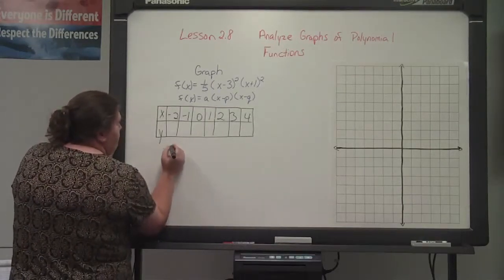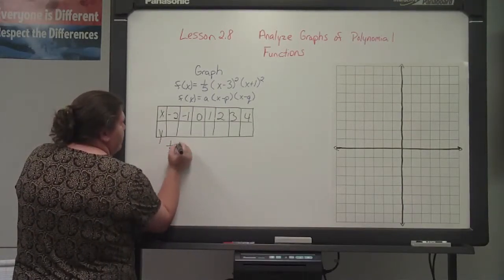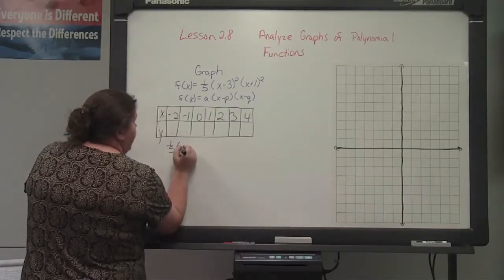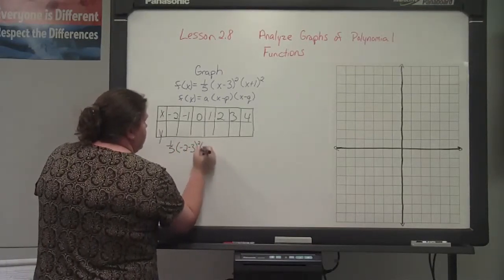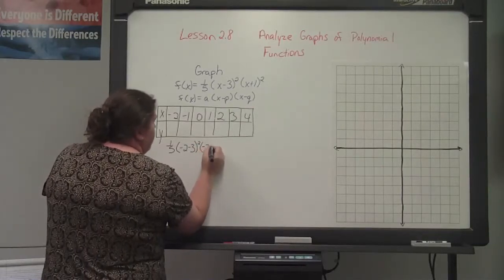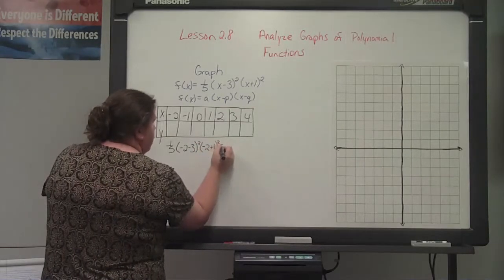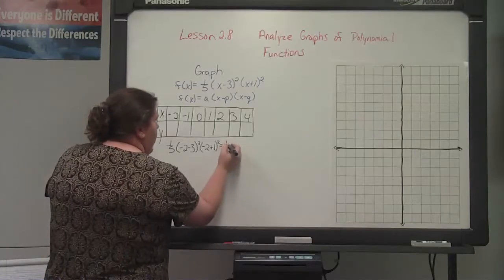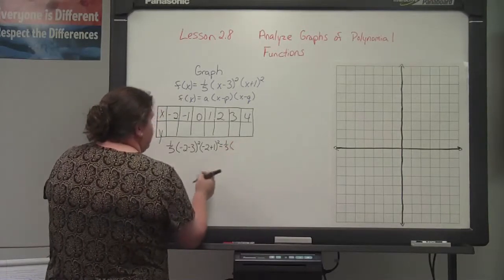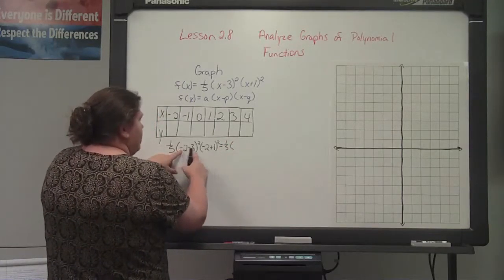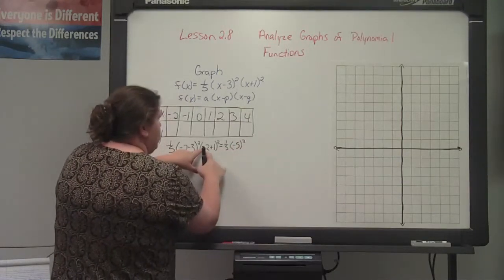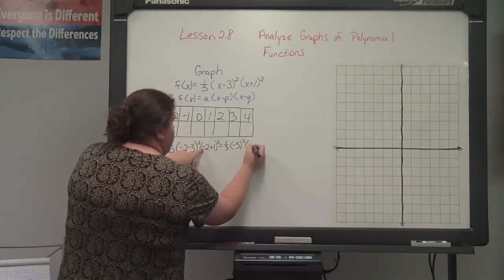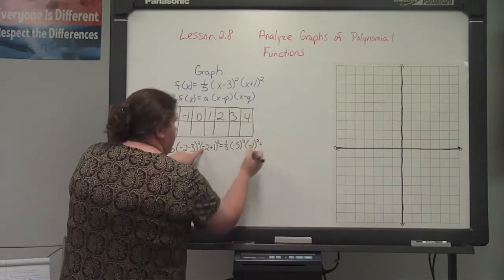So I'm going to start with 1/5 times (-2 minus 3) squared times (-2 plus 1) squared. That gives me 1/5 times (-5) squared, and then -2 plus 1 is -1 squared.